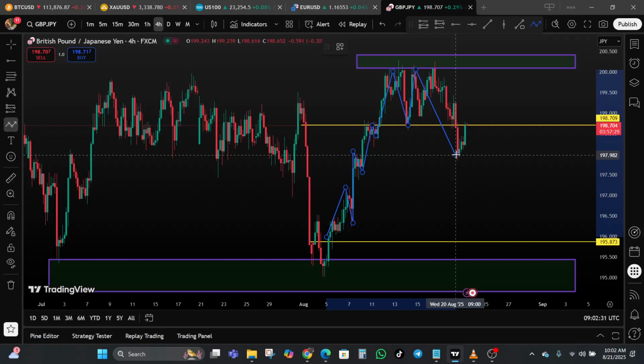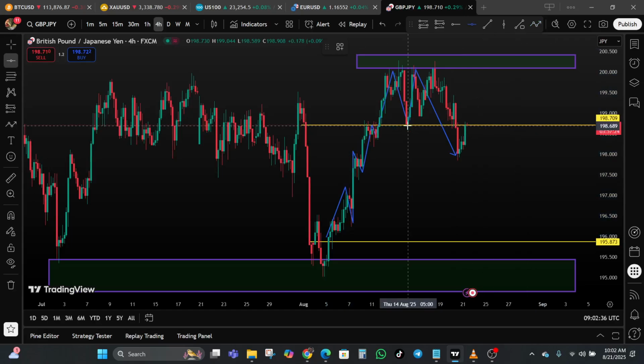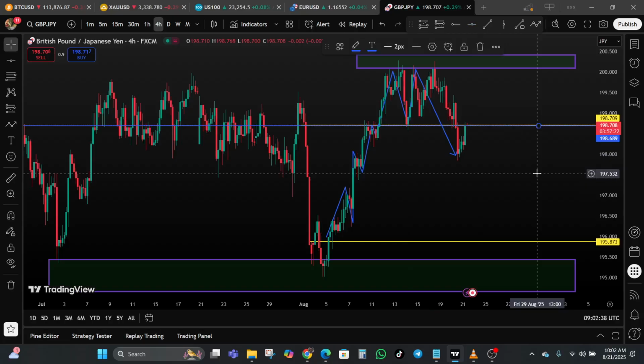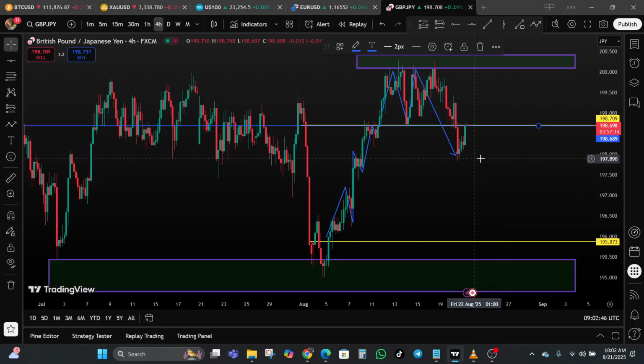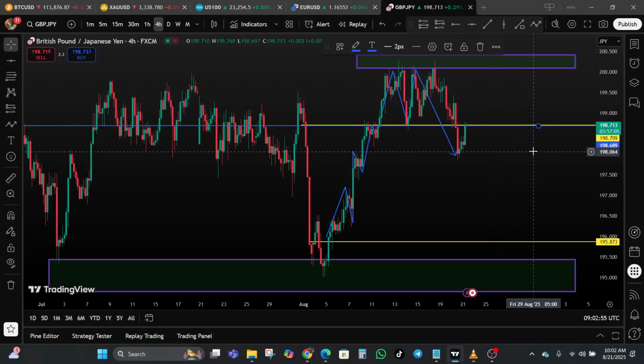Price suddenly breaks a previous low, like what happened here. That could signal a shift in structure. When you combine this with liquidity and a fair value gap, the unicorn setup begins to take shape.